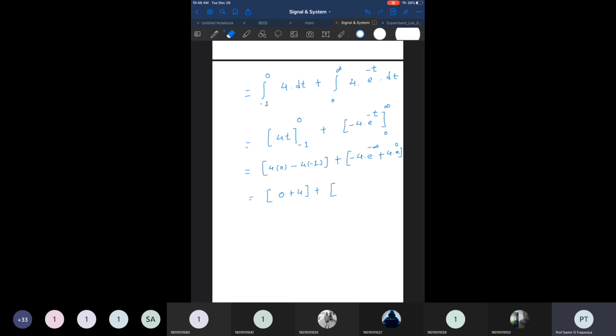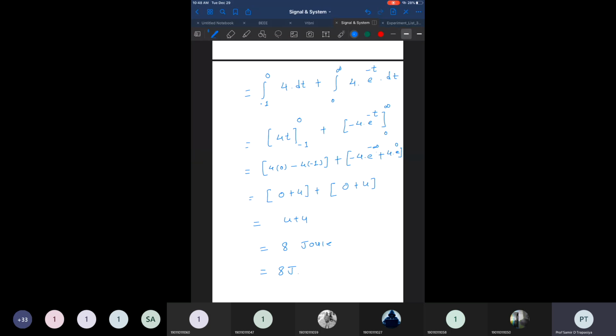So that is 4 plus 4, which is 8 joule. So the energy of the first signal that we have found is 8 joule. That is done. Now we go for the second one.